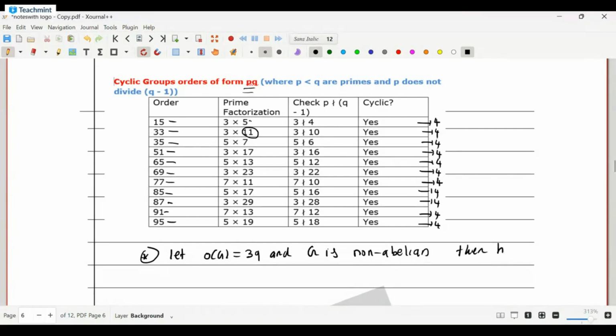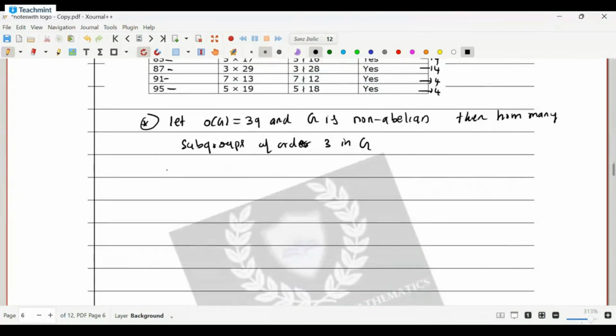Then how many subgroups of order 3 of G, sir? Options are option A 1, option B 3, option C 13, and option D 12.